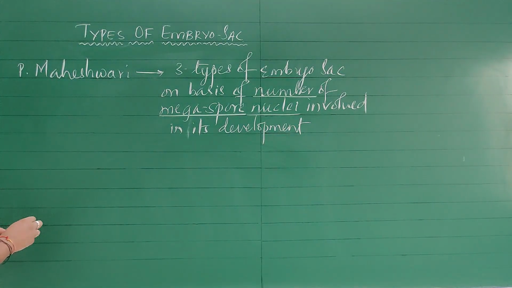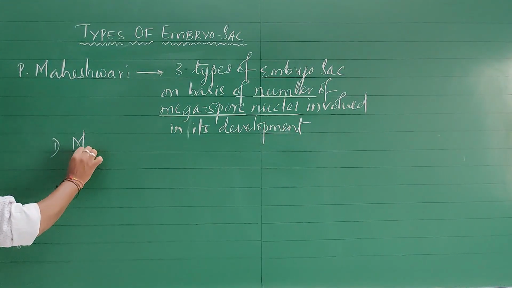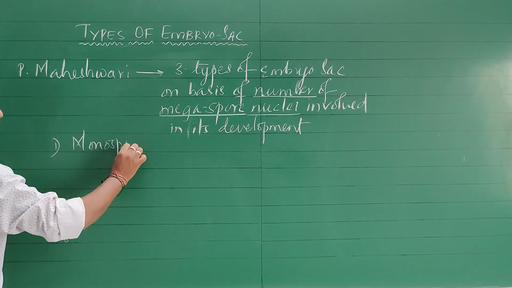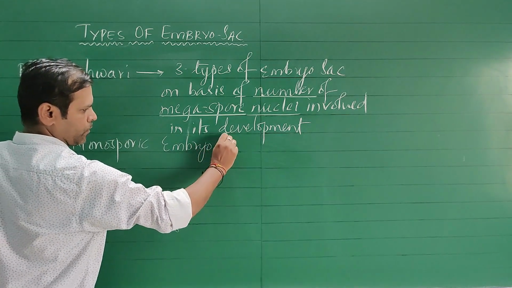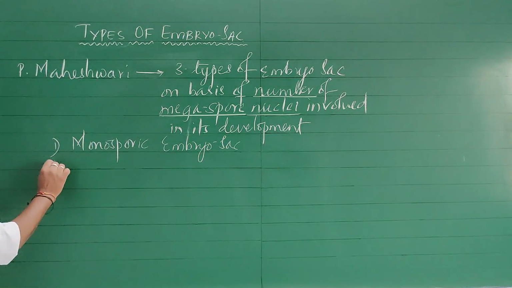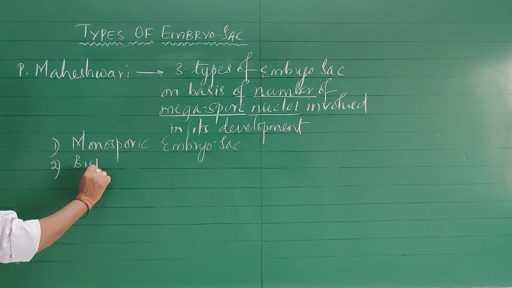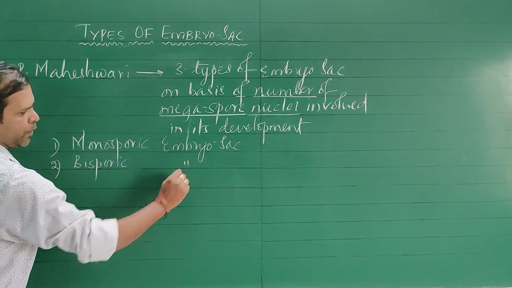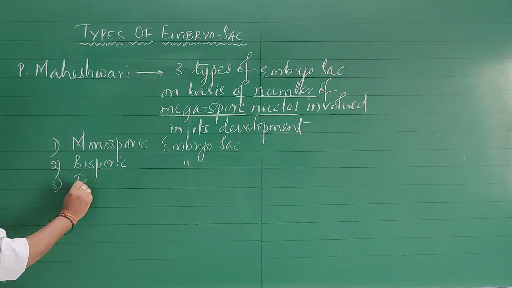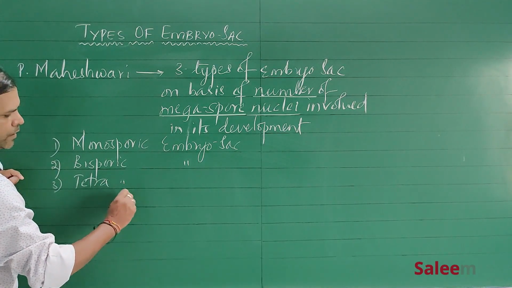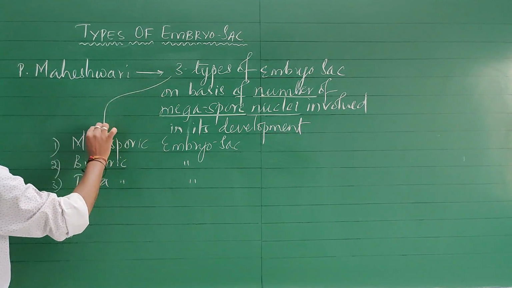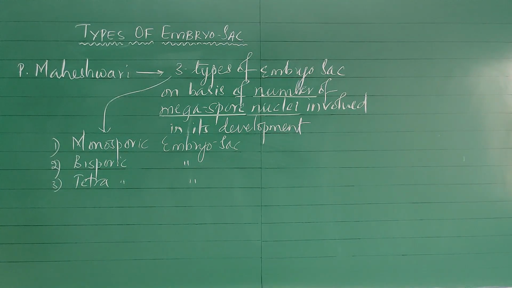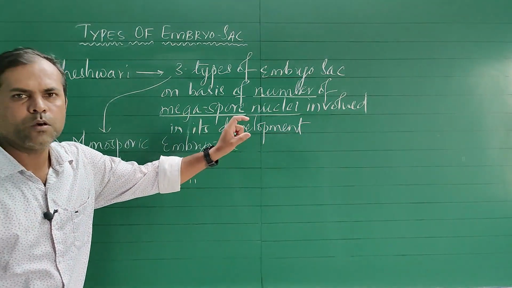They are: 1. Monosporic embryo sac. Second one is bisporic embryo sac. Third one is tetrasporic embryo sac. So there are 3 types of embryo sac: monosporic, bisporic, tetrasporic.